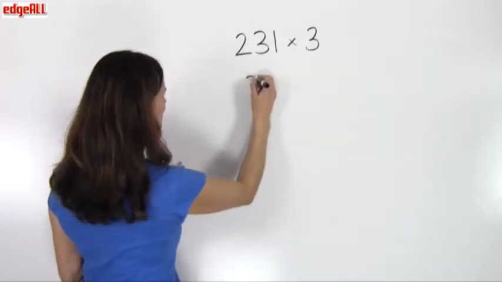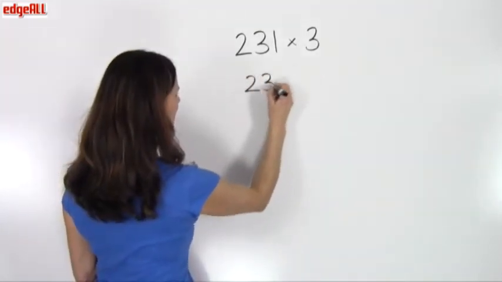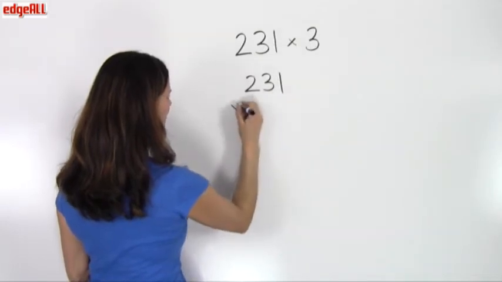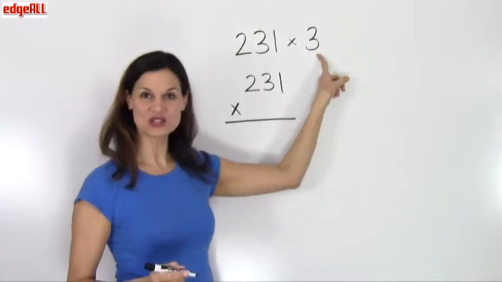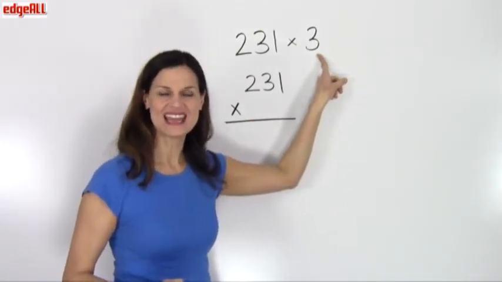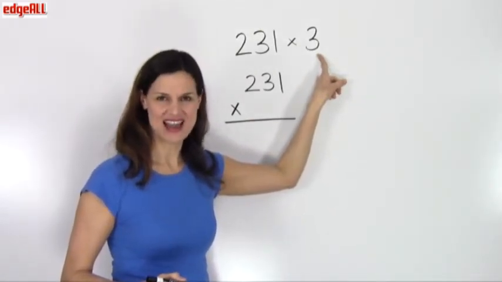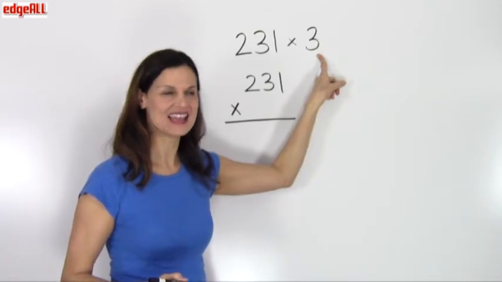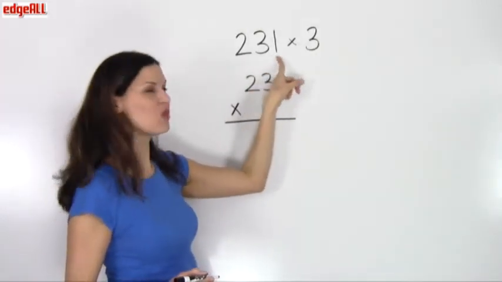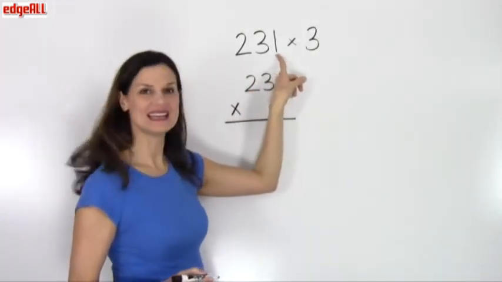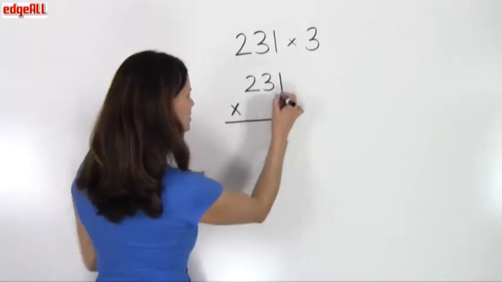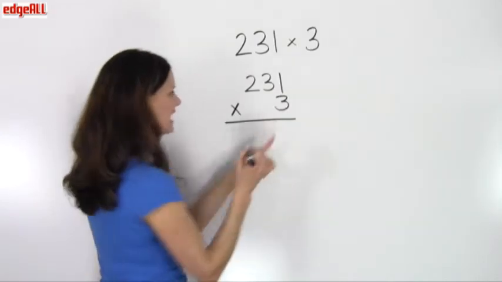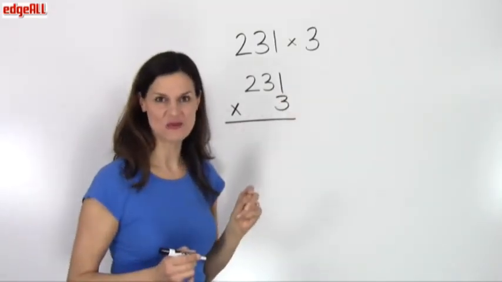So I'm going to do 231 and then my multiplication symbol, or times, and I want to make sure that my 3 goes in the position of the ones place. And so in my 231, this 1 is in the position of the ones place. And so I want to make sure that my 3 is lined up right underneath the 1.